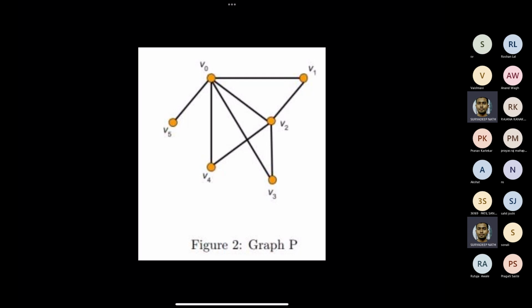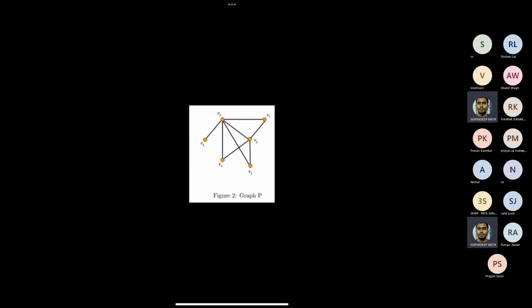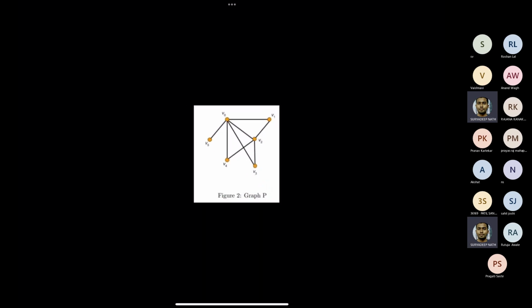So if V0, V2 is the edge for which neighborhood overlap has been asked, don't consider V2 as a friend of V0 while computing the total number of friends, and V0 as a friend of V2. I think that is how you can calculate it.